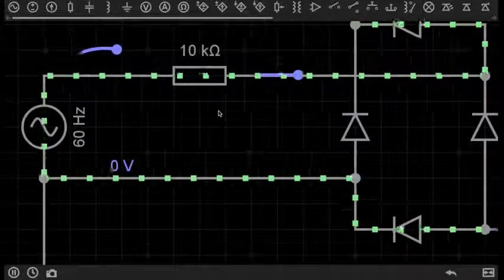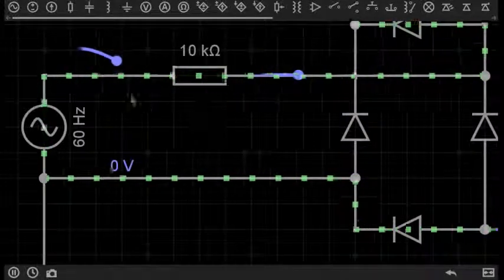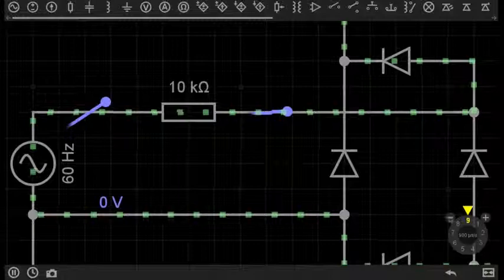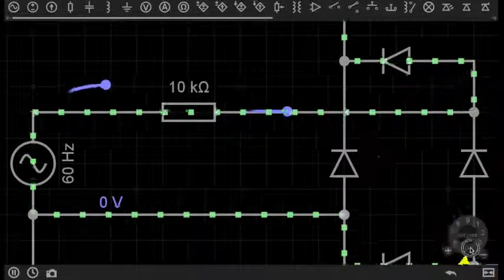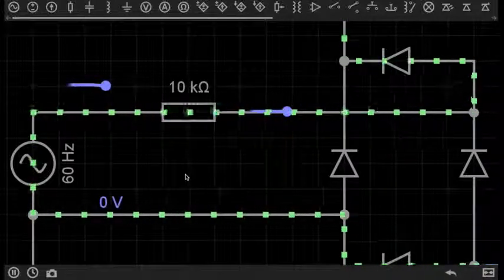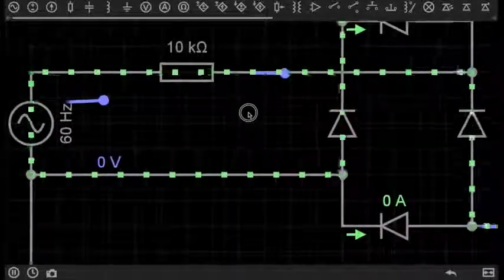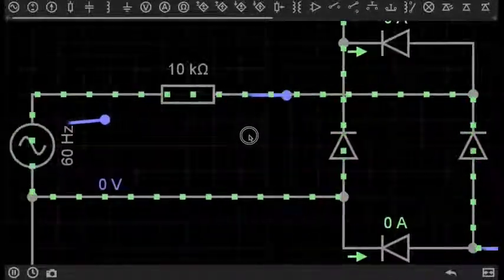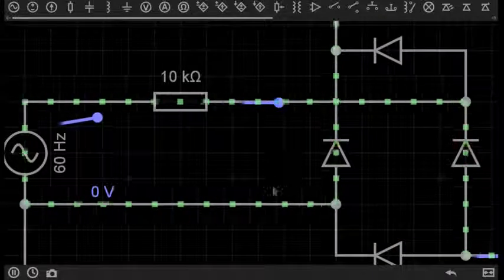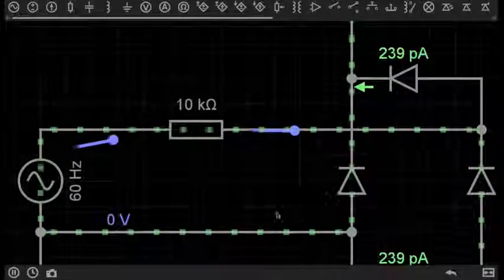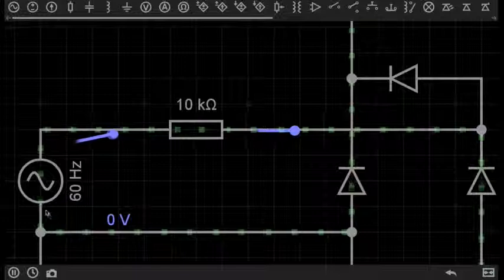Now the easiest way to see how this is working is by following the flow of electrons. So I'm going to slow this down even more so we can follow the electrons even easier. We can actually follow the electrons on each part of the wave to see what's happening. As the electrons are now about to move the other way, watch what happens.